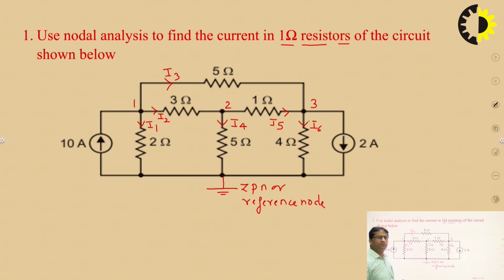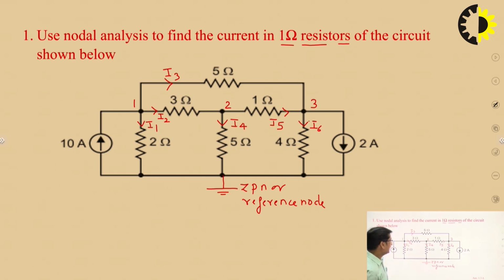So these are the 6 branches where the current is not known to us, and we have 2 current sources with a given direction of current. We have to apply the KCL at these 3 different nodes, 1, 2 and 3.